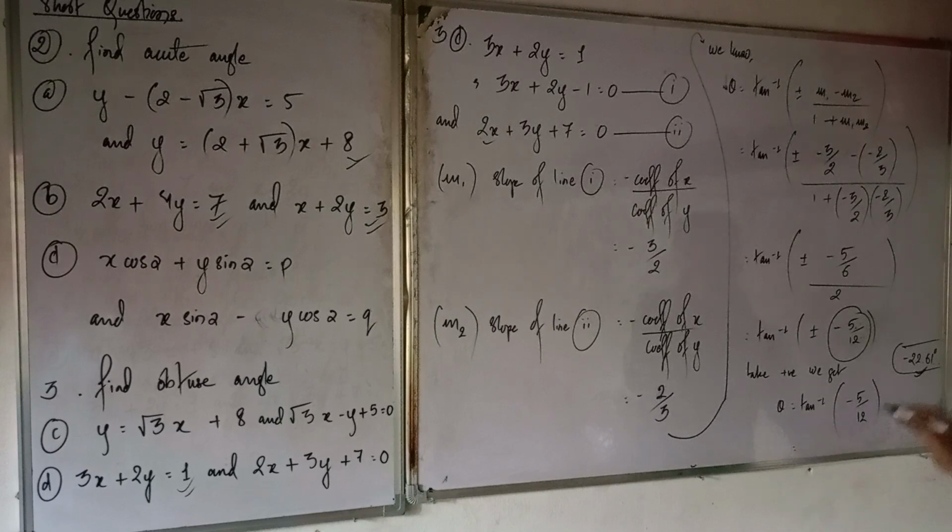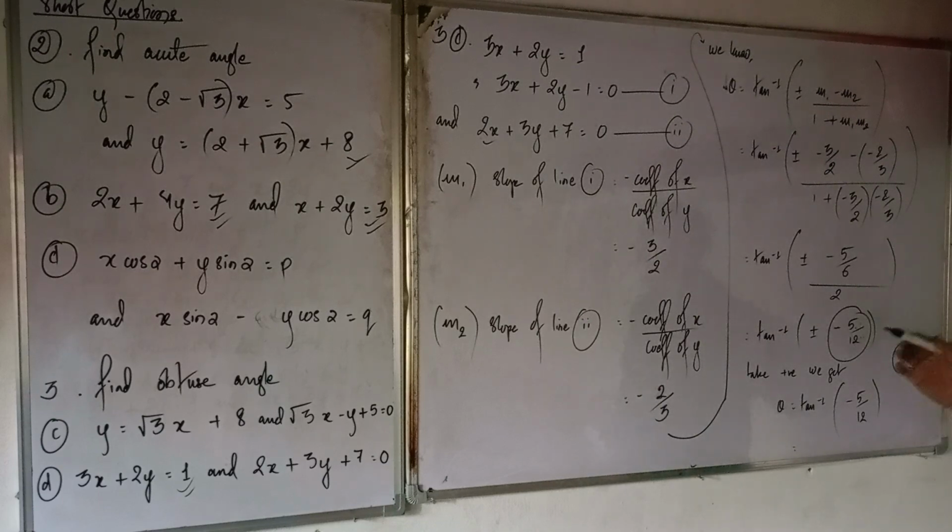What you do is subtract this angle, 22.61, from 180 degrees.